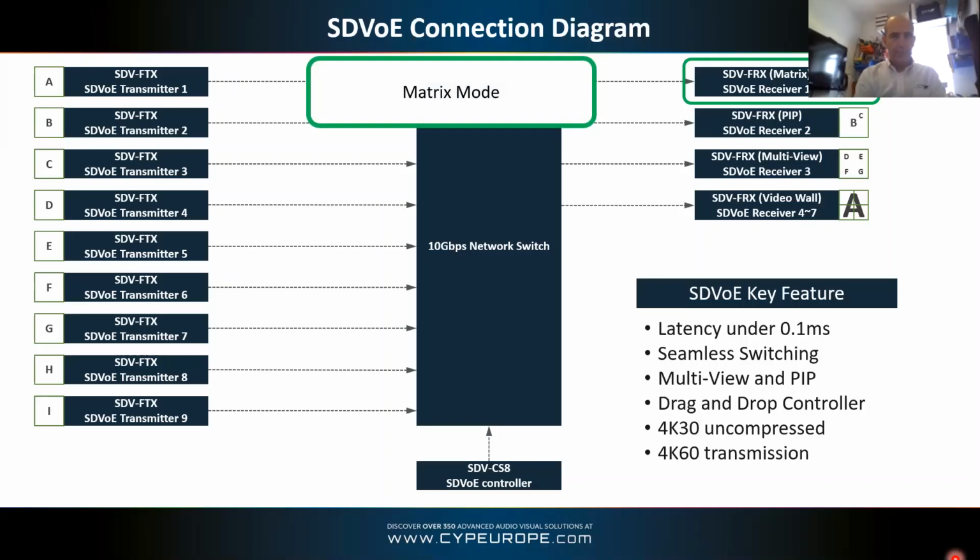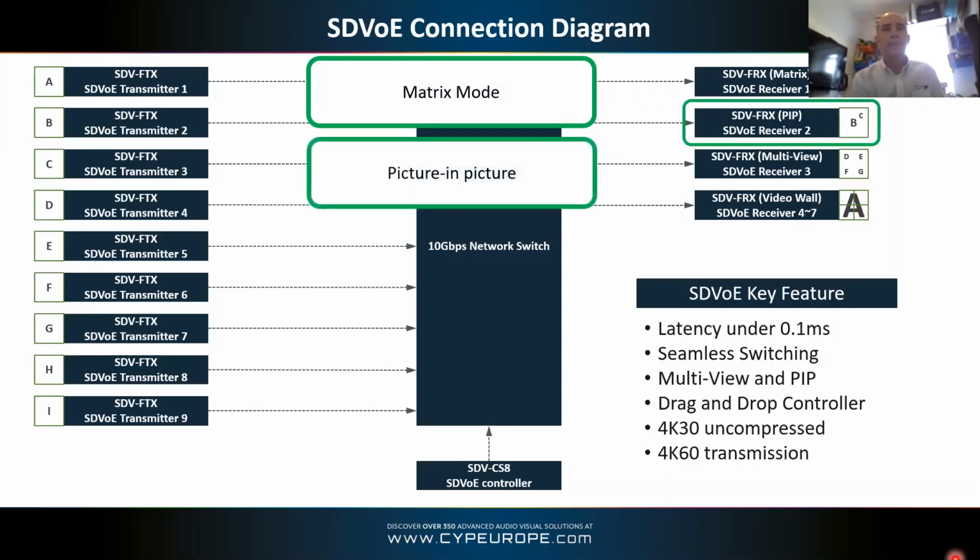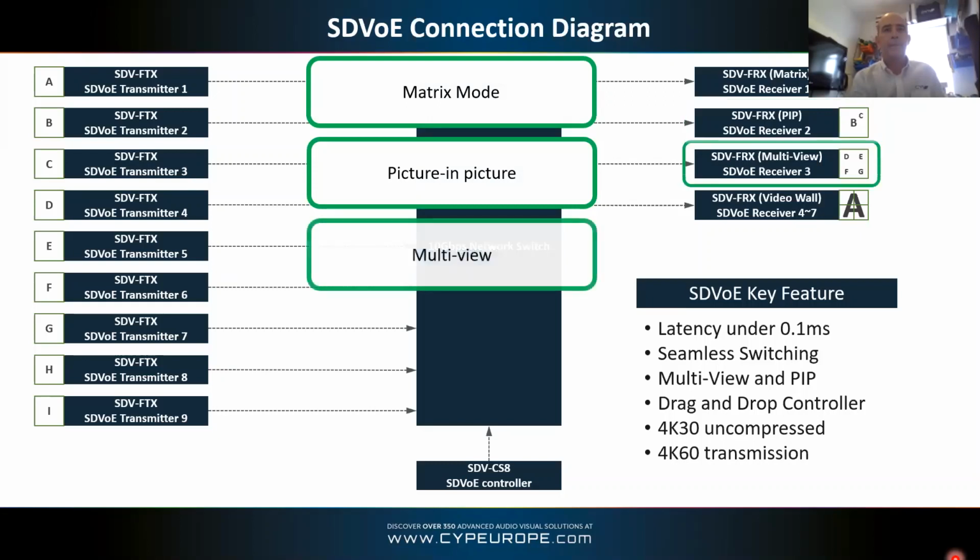Now, one of these receivers is working in matrix mode, so this first receiver is showing just a single image, like we said, that would be the primary stream. Then you've got another receiver that's running picture-in-picture mode, so it's showing two different transmitters in one receiver. You've then got another receiver that's running in multi-view mode, showing 4 different transmitters. Again, you're seeing the versatility here. We're using almost all the features, yeah.